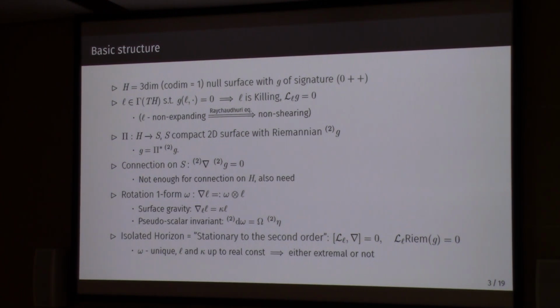So similar to the Killing horizons, we define the surface gravity as the self-acceleration along this Killing vector field, and also very interesting for our purposes will be this pseudo-scalar invariant, which I denote by the capital Omega, and every object with the superscript 2 is meant to live on this two-dimensional surface S. And so far this definition, I think, is called just non-expanding horizon.